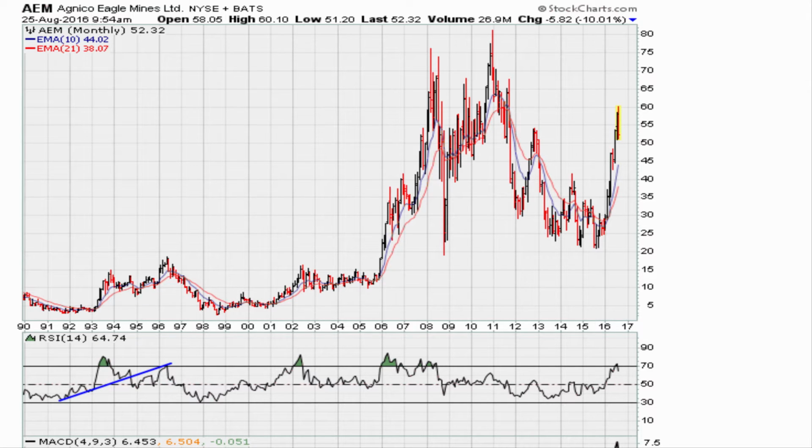Here we see that the backtest did take place, and rejection again at 69.1. Boy, do we see this all the time. Take a look at the highs there, and then take a look also at the next high here. So there was a failure and a backtest of the same line, which gave us that high.